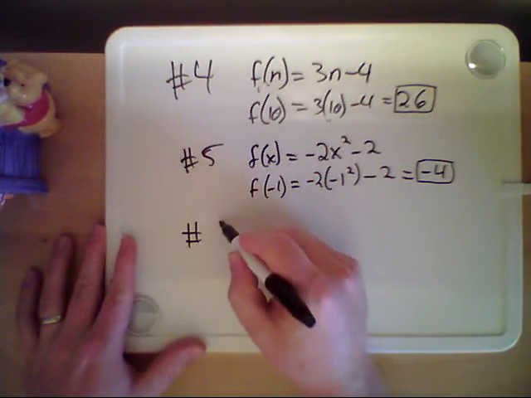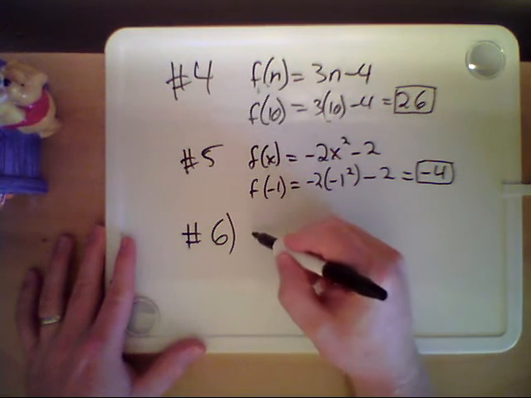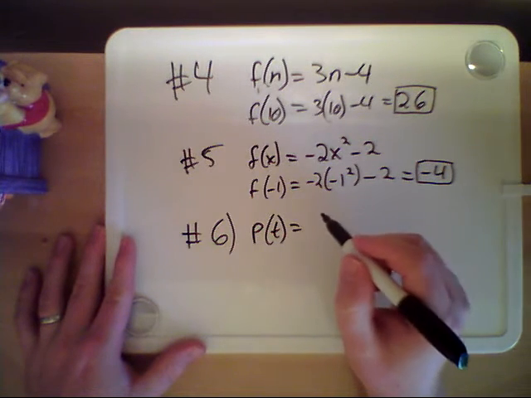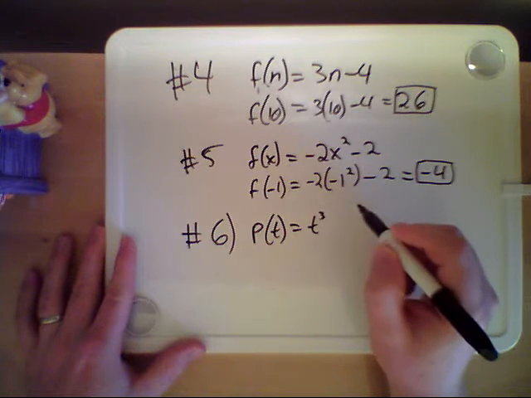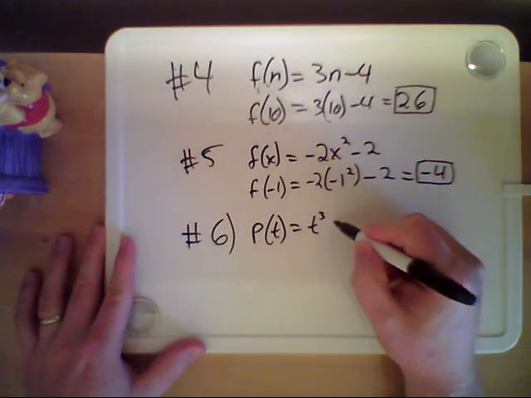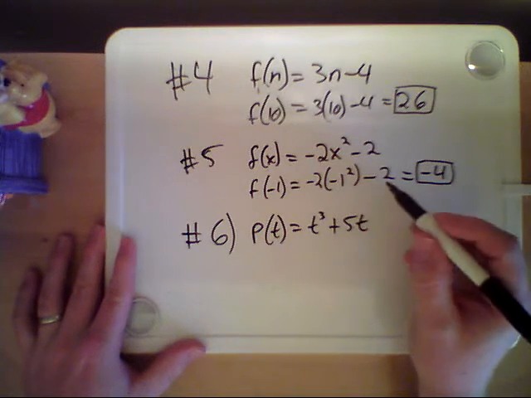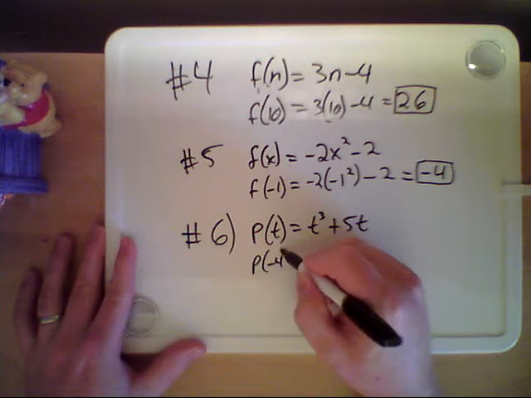Number 6. P of t is defined as t to the third plus 5t. We're going to find p of negative 4.